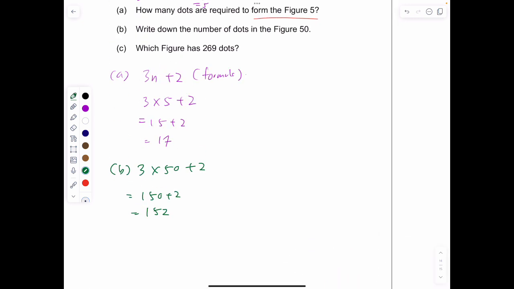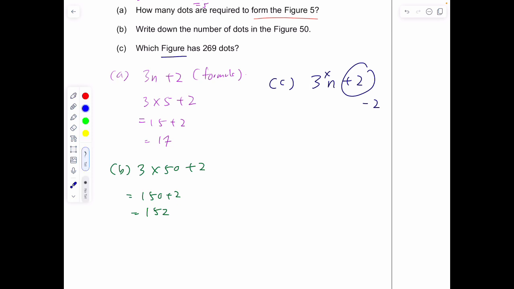Finally, for C, which figure has 269 dots? Now based on this, we know that the formula is 3n plus 2. So we have to reverse the formula. Now we actually have to subtract the 2, and instead of multiplication, we need to divide, because this is a multiplication, 3 times n.